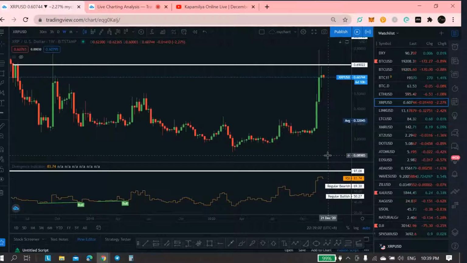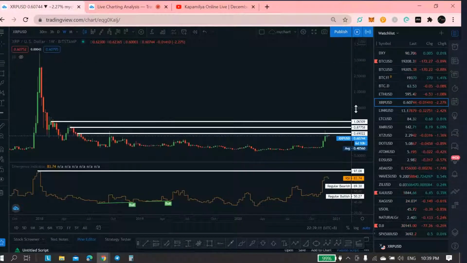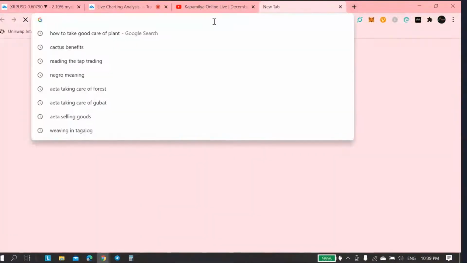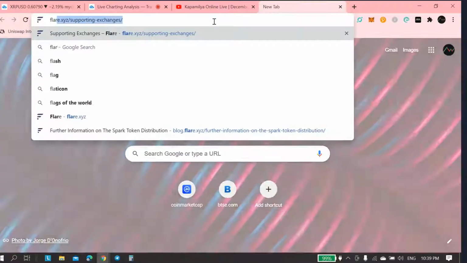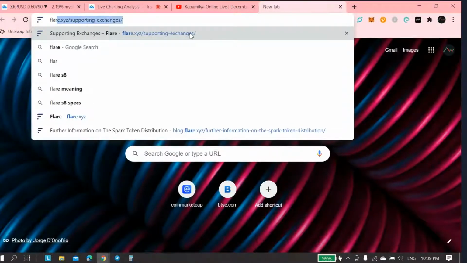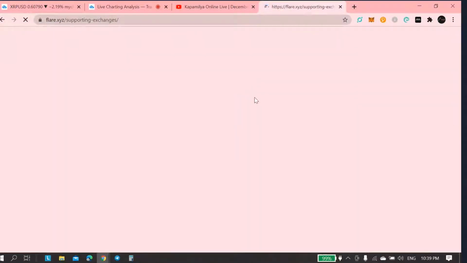I think the main catalyst for it continuing to trend higher is the Spark airdrop. If you want to participate in that Spark airdrop, you can go to flare.xyz/supporting exchanges. You can see here the different exchanges that support its airdrop.